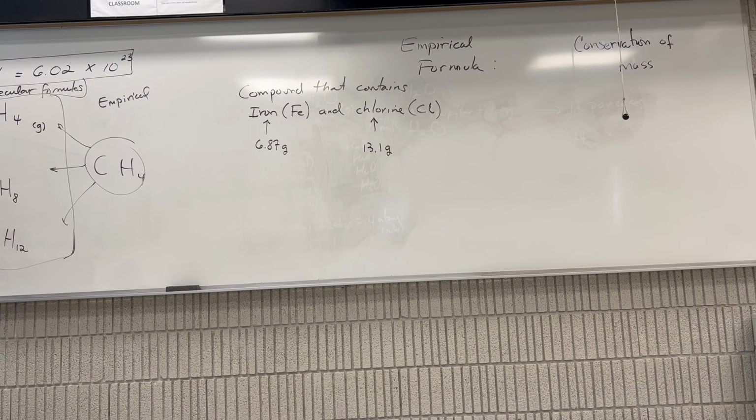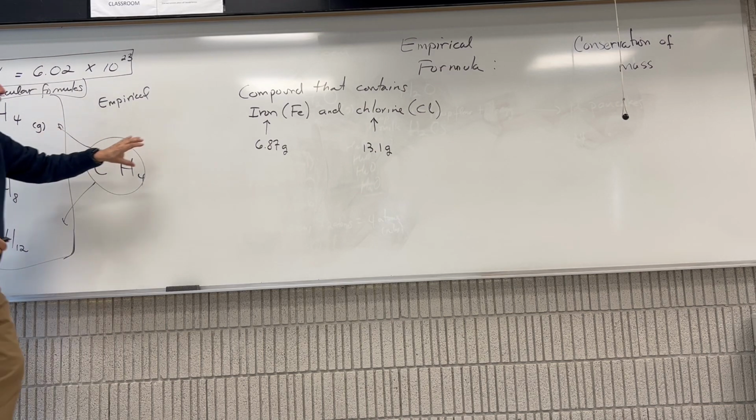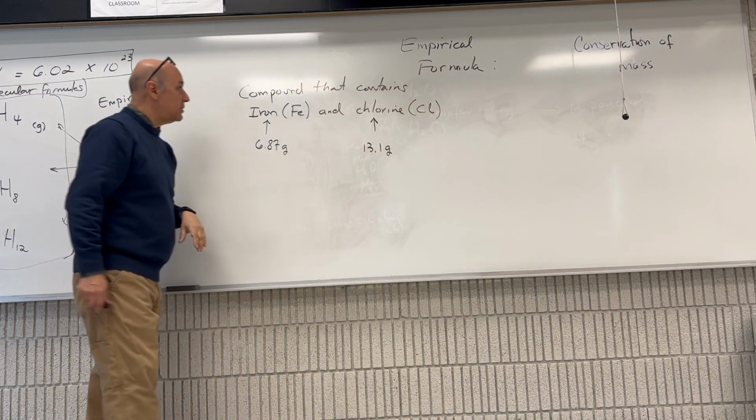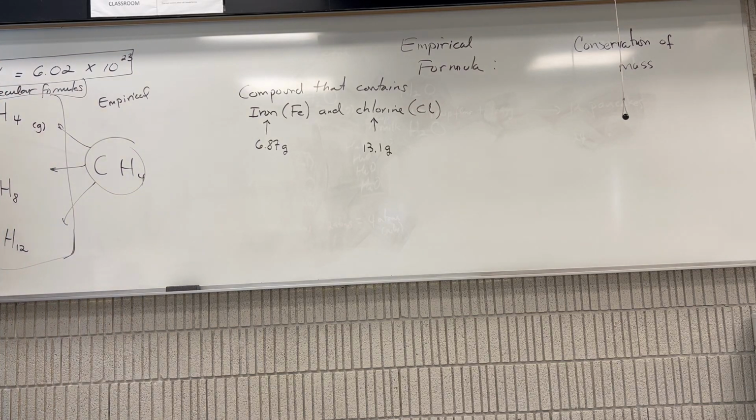So how do we get the empirical formula of this particular compound? We don't know the formula yet. We're gonna start by getting the most basic formula, which is known as empirical, and from there we're gonna see how close that is to the molecular formula. But we need to start somewhere.